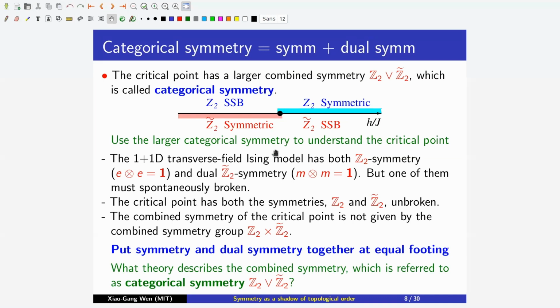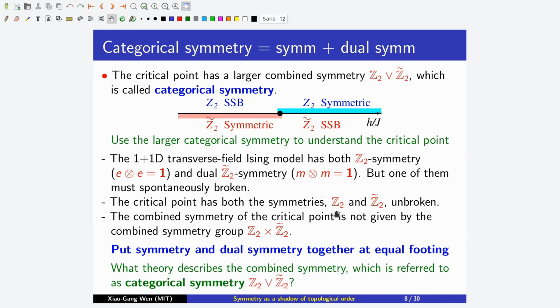Okay. So therefore, this categorical symmetry is basically putting symmetry and dual symmetry together and treating them on equal footing. To the degree that we don't even try to say which one is symmetry, which one is dual symmetry, they are all together something. And this kind of thing together is called a categorical symmetry. It's actually kind of a little bit strange, so we will later try to explore this.